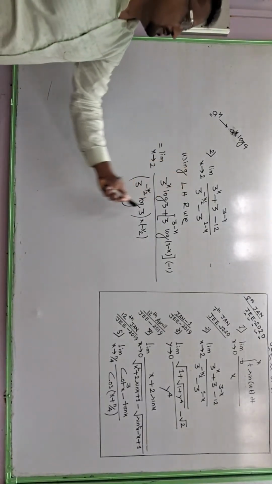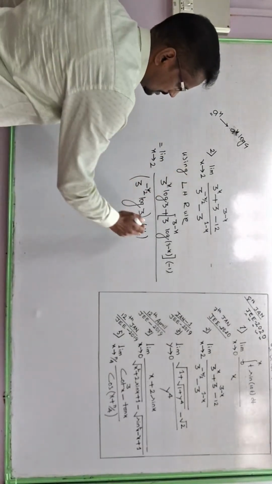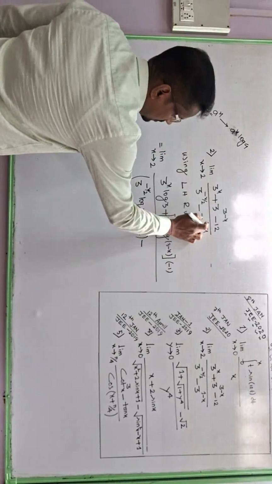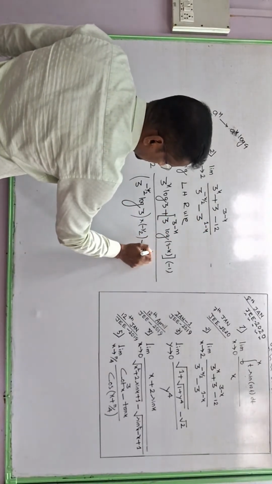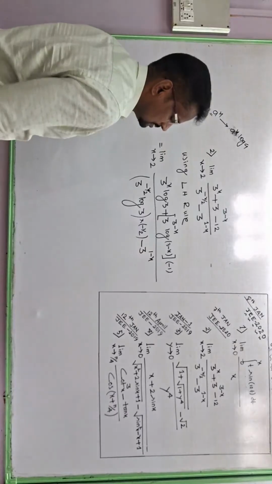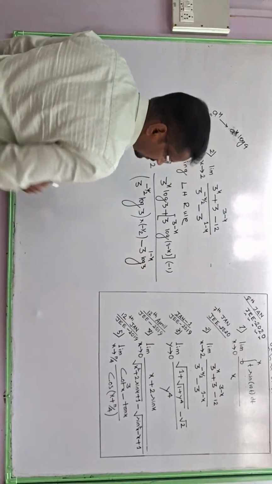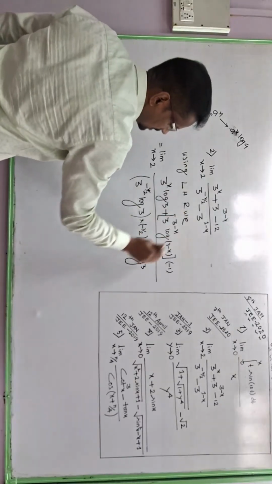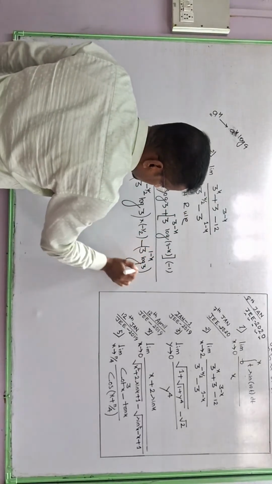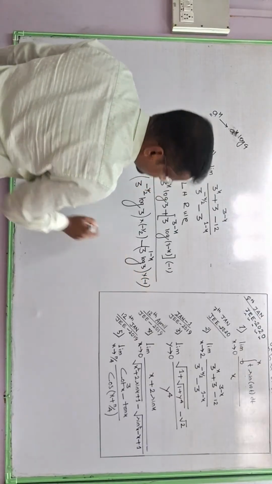Derivative of this is this much. Minus a to the power x format, 3 to the power 1 minus x, log of a means 3 here, and derivative of this, in this case also, negative 1 will come.